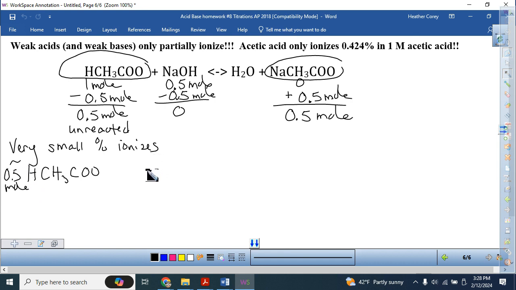You're going to get a teeny tiny amount of H plus and CH3COO. This is going to be a very small amount. Because most of the acetic acid stays together because it's a weak acid. It has a low Ka. It does not form product to a large extent.